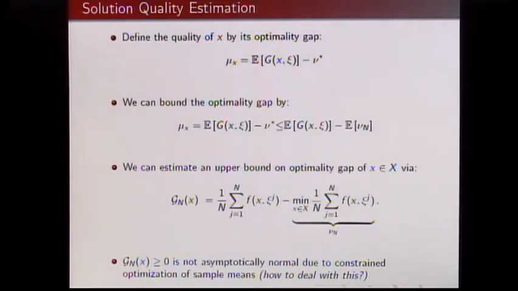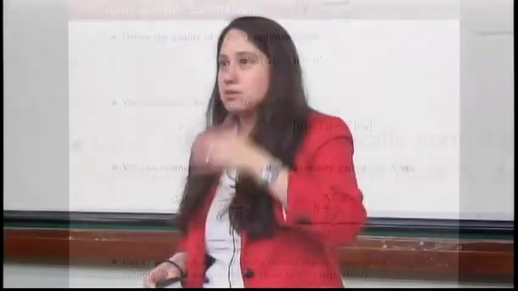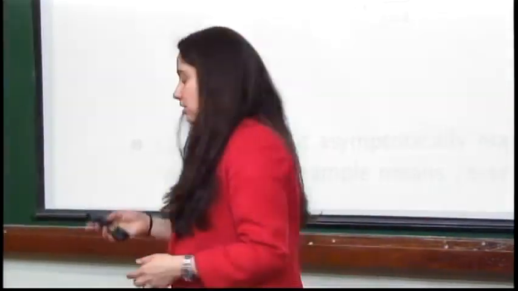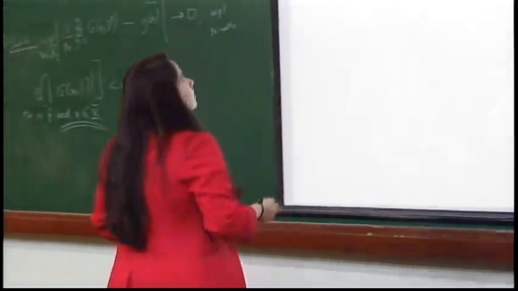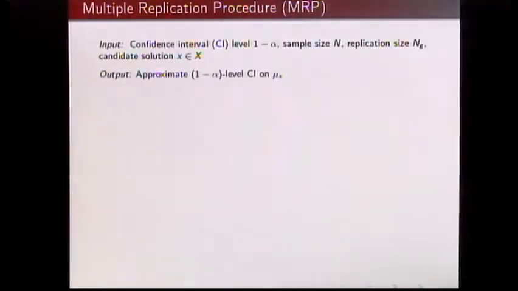So what do we do if we don't know what the distribution is, even asymptotically? We've used it before in the randomized quasi-Monte Carlo. We take replications of this and use approximate central limit theory on those many replications. Okay, so that's called a multiple replication procedure. So what does it do? You give me a solution, x.